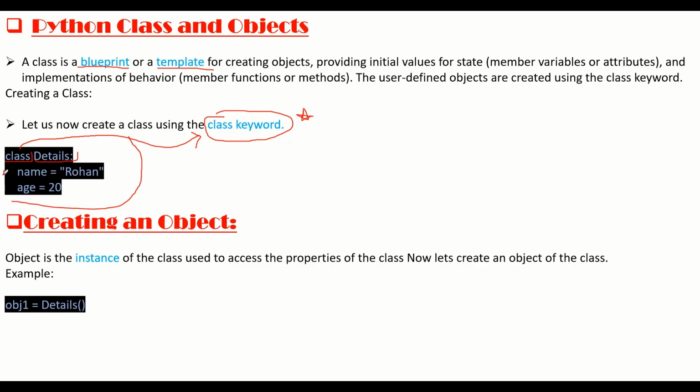Okay guys, and here is a 4-space indentation, and then you can create a variable name and its value Rohan, and another variable age and its value 20.